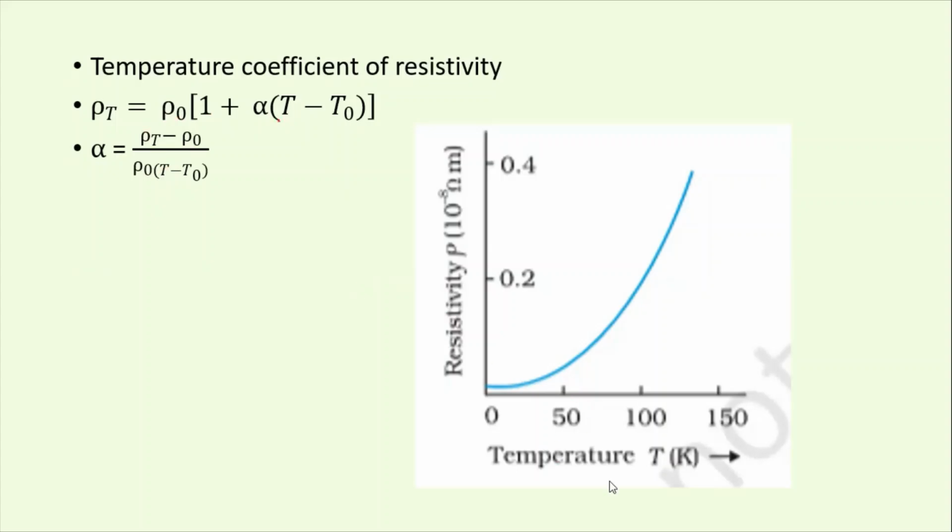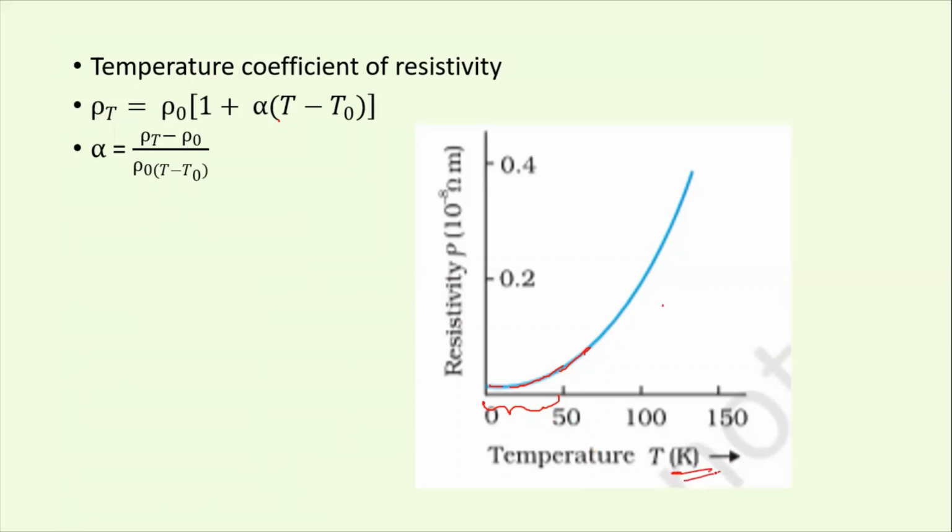So this is a diagram showing you the variation of resistivity of metal with regard to temperature. If you can see here, this region is a nonlinear region, right? What is the temperature here? It is 50 Kelvin.